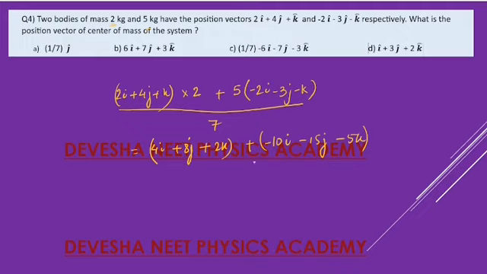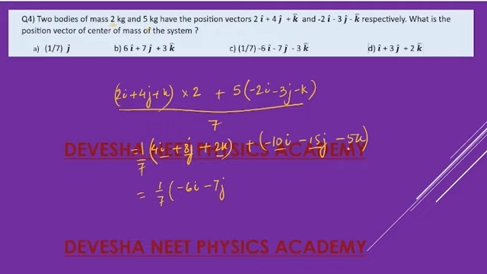And this entire thing is divided by 7, so I'll write 1 by 7 outside this. What do you get here? 4i minus 10i is minus 6i. 8j minus 15j is minus 7j.